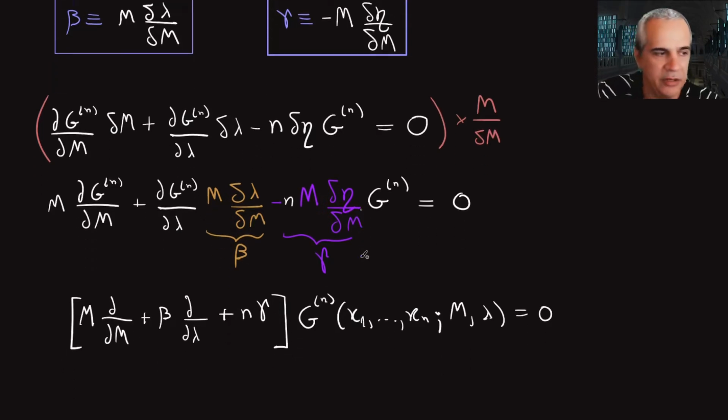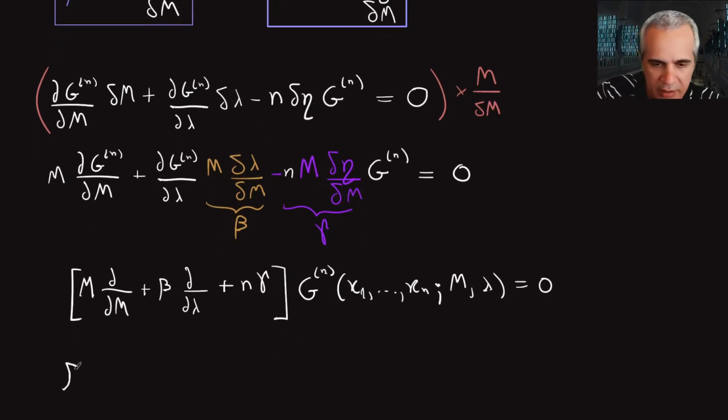And so both beta and gamma are independent of n. I'm just trying to see what these guys could depend on. In principle, they could depend on n, they could depend on the renormalization scale, and they could depend on, I don't know, the coupling of the theory.